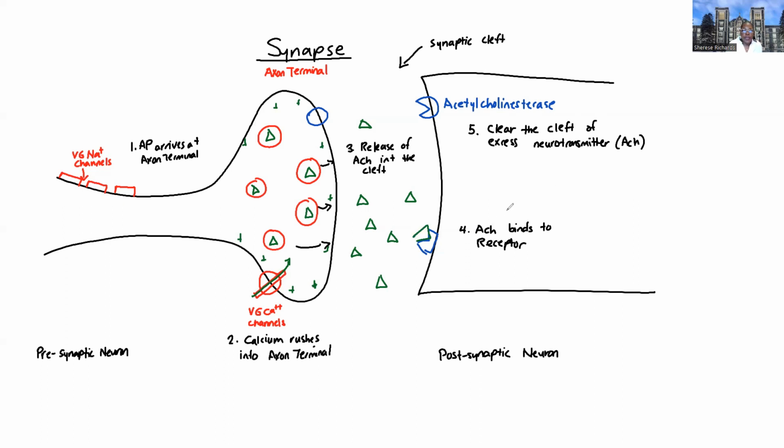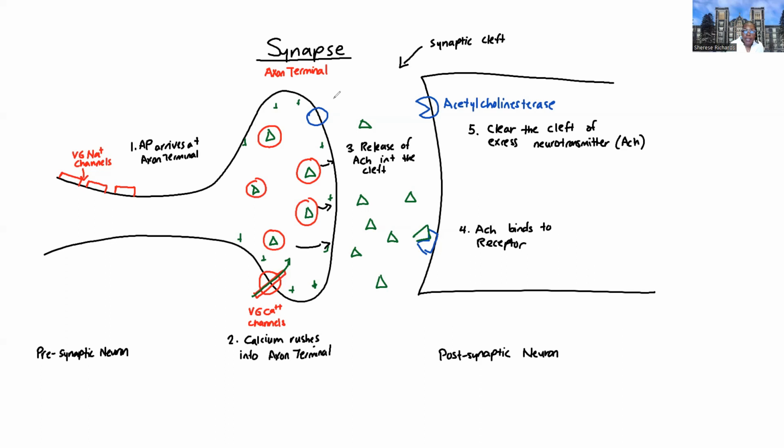Okay. And so the 3 ways that we clear the junction are that we can have acetylcholinesterase essentially degrade, right? It's kind of like this little Pac-Man enzyme that degrades any extra neurotransmitter, or we can have reuptake.